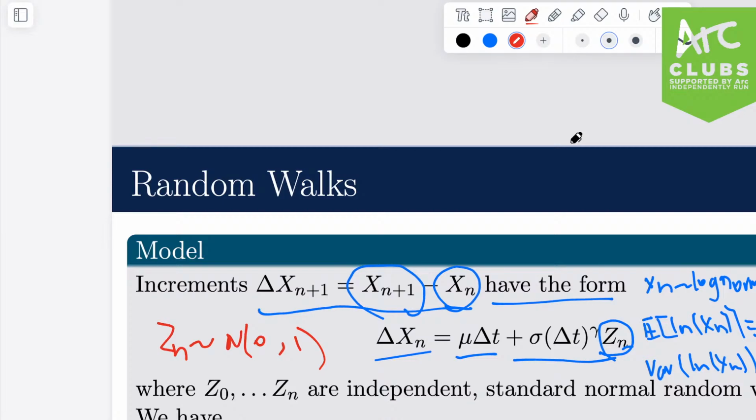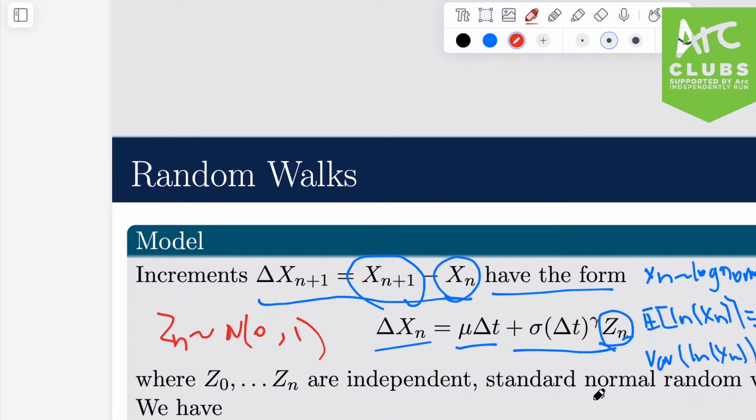So it's easier if we take the log of xn. And it's easier to calculate as well, because if you think about the log, the difference is just log of xn plus 1 minus log of xn. And the increment still depends on a standard normal, which is easy to simulate from what we talked about above.